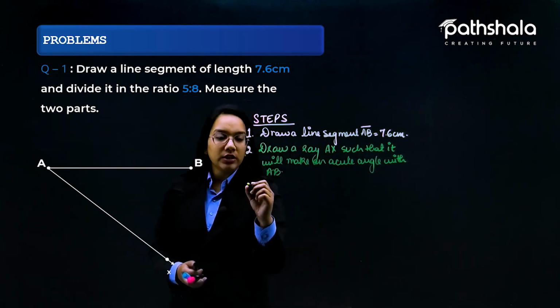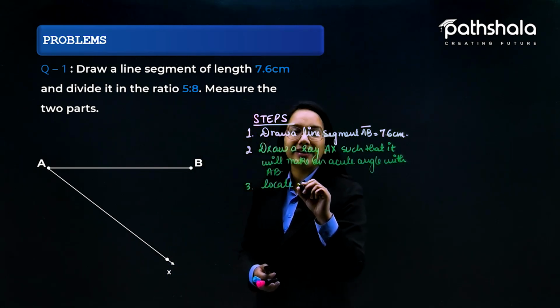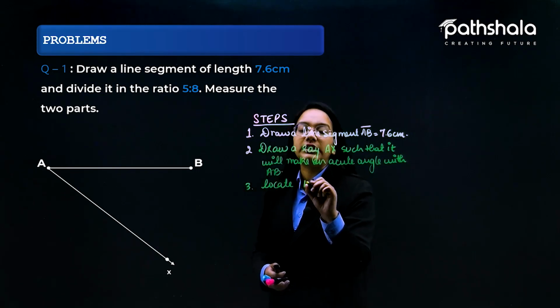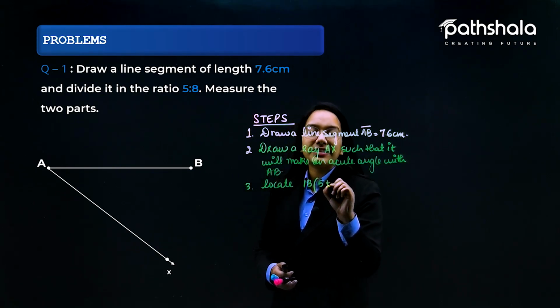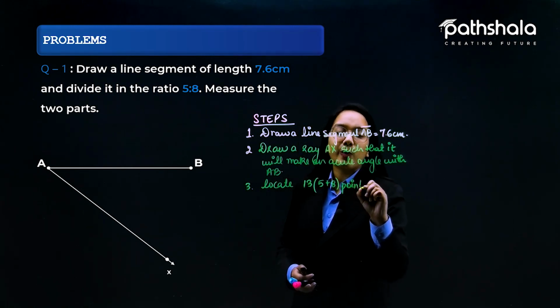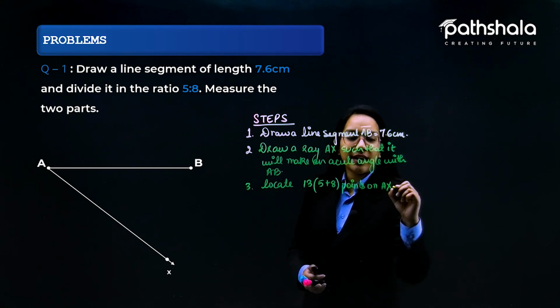Now, the third step is to locate 5 plus 8, which is 13 points on the ray AX.